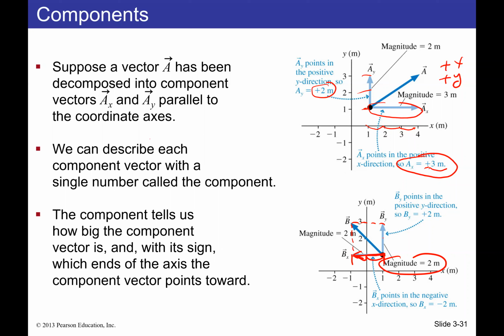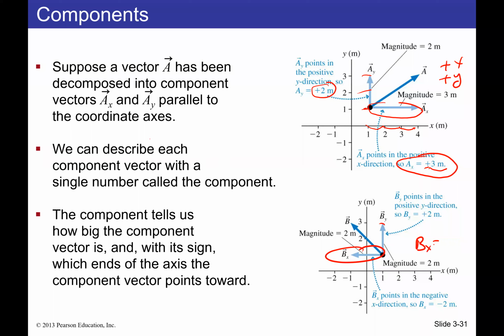The shadow along the y-axis is also 2 meters in magnitude. But vector B is pointing toward the second quadrant, so Bx should be negative and pointing to the left, and it does.